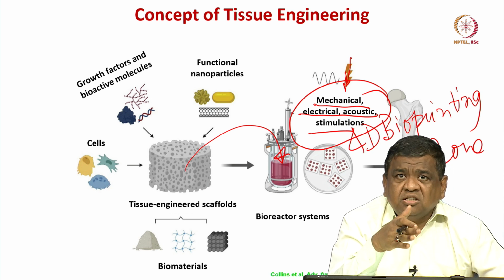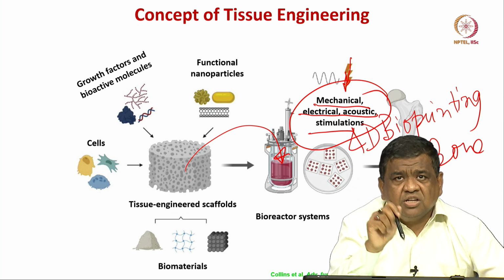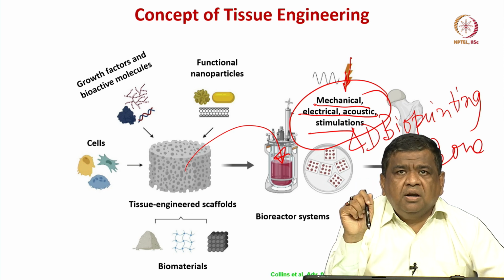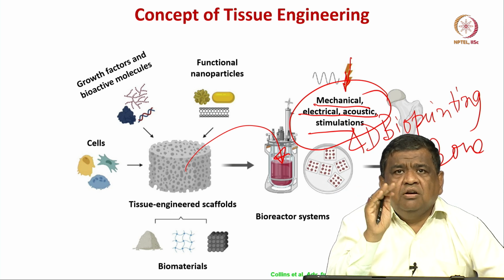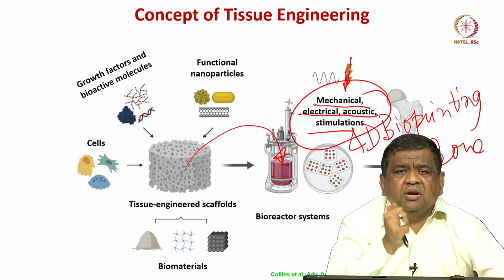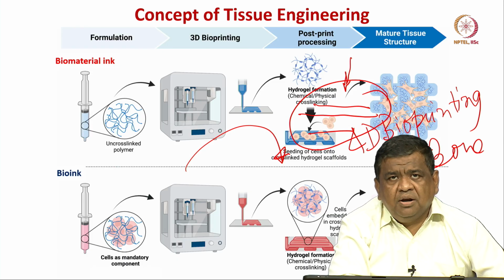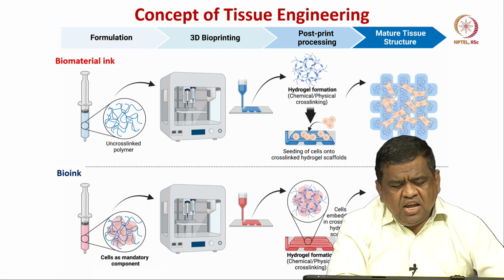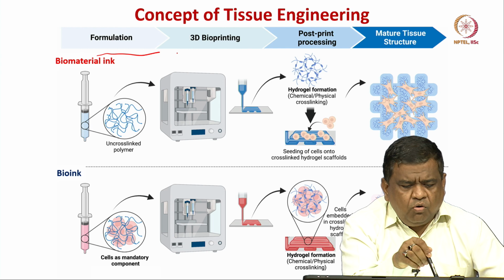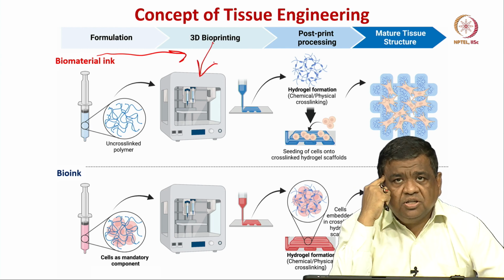On the 3D printed scaffolds, when you give electrical, mechanical or acoustic stimulation, you call it 4D bioprinting. So, I hope you are able to distinguish between 3D bioprinting and 4D bioprinting. You start with the biomaterial ink, an uncross-linked polymer, then you go to the 3D bioprinting machine or 3D extrusion printing machine.